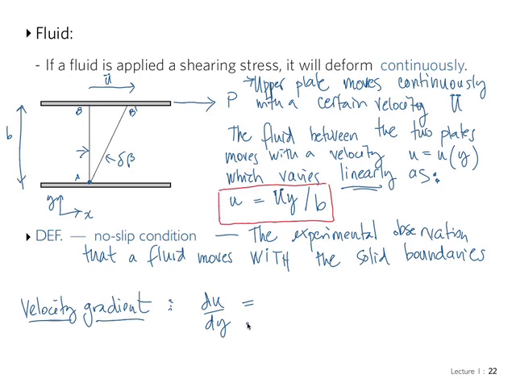Then the velocity gradient is a constant, and this constant is equal to capital U divided by b, capital U being the velocity of the top plate. That's our velocity gradient.